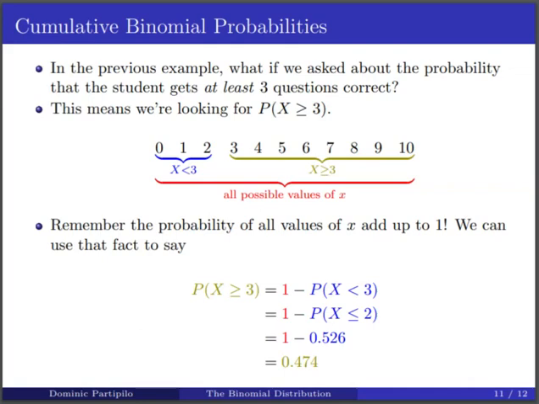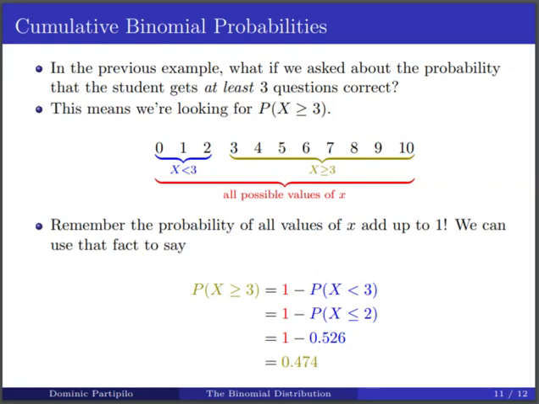But remember, the binomial PMF is a PMF, so all the probabilities add up to 1. So the probability of any possible value of x is going to be equal to 1. So this entire red piece here is going to be 1. And what we're interested in is the probability that x is greater than or equal to 3.